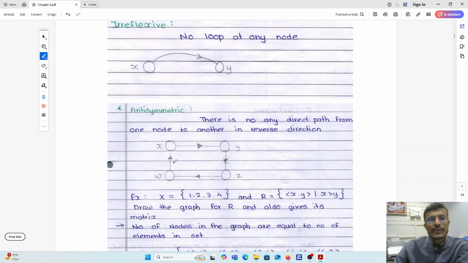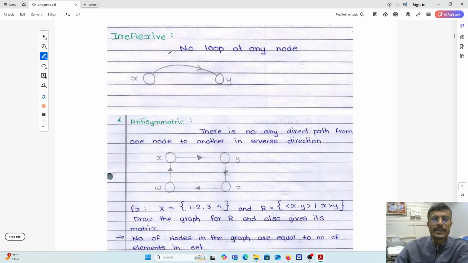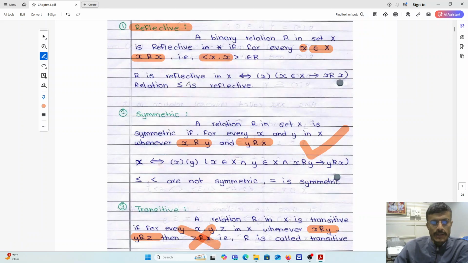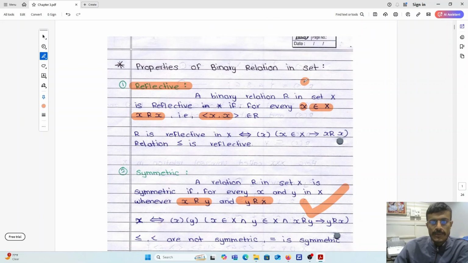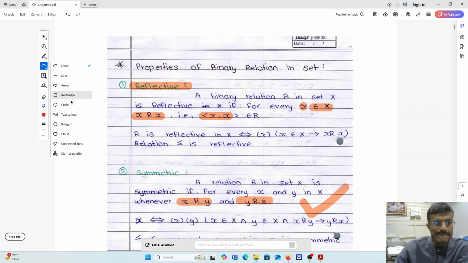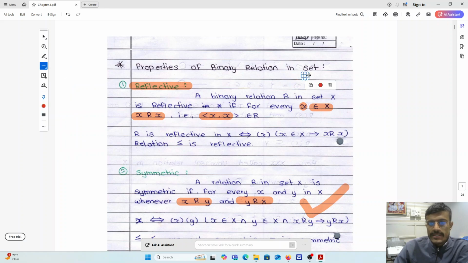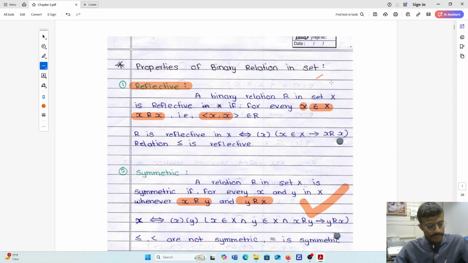Then next, we are going to discuss the irreflexive property. In the case of the reflexive property, if there is a node, then there should be a loop at that particular node.